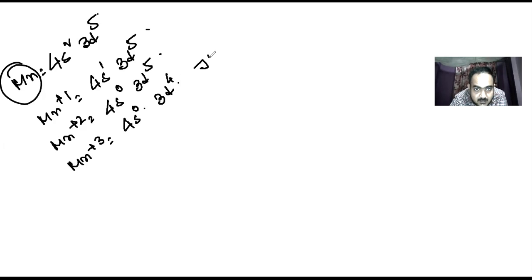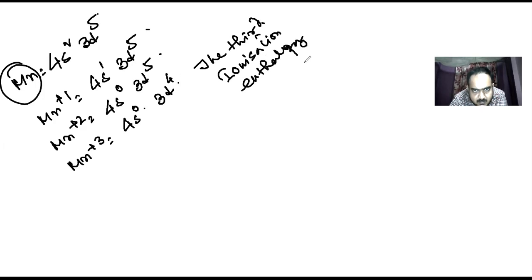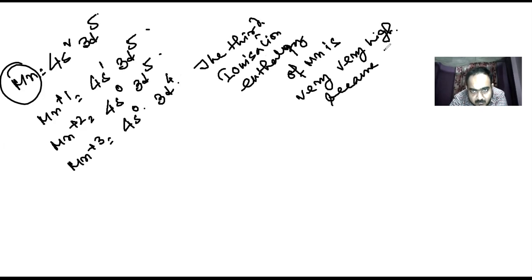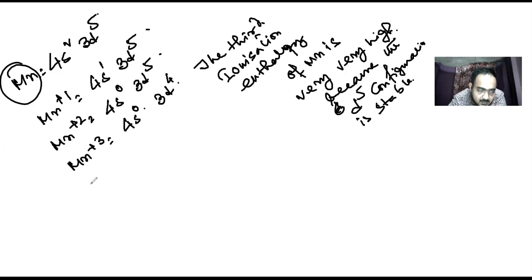You can see the third ionization enthalpy of manganese is very high because the d5 configuration is highly stable.